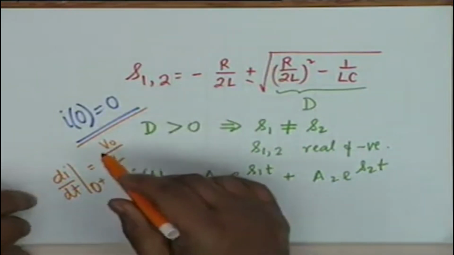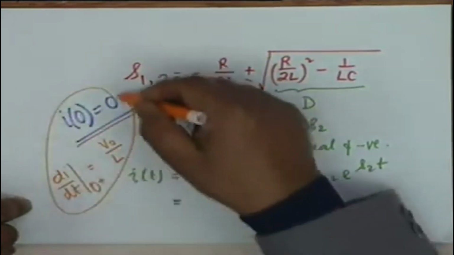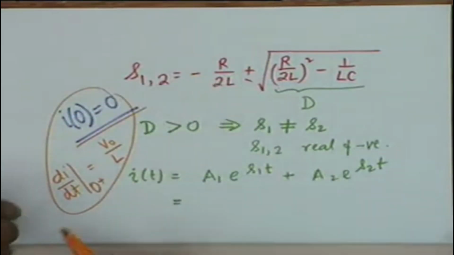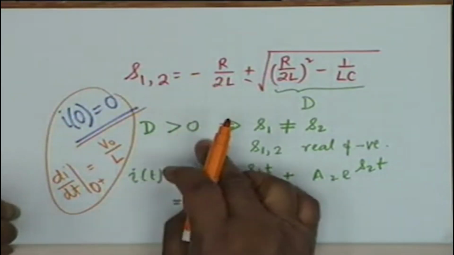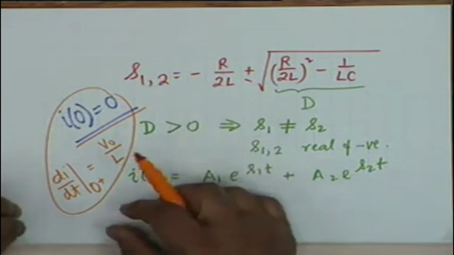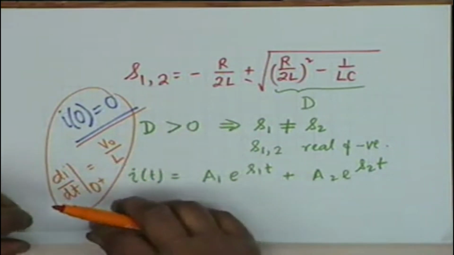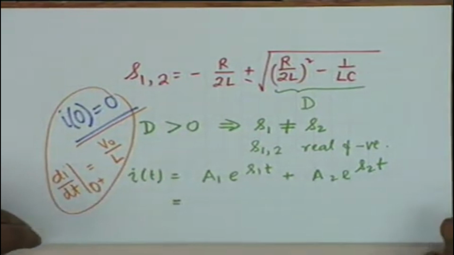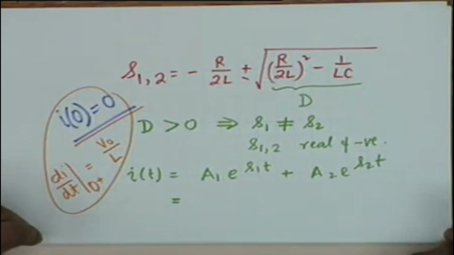These are the two initial conditions. These initial conditions will apply to every situation, whether capital D is greater than 0, whether capital D is equal to 0 or less than 0, it does not matter. These initial conditions apply to all parameter conditions, that is values of R, L and C.